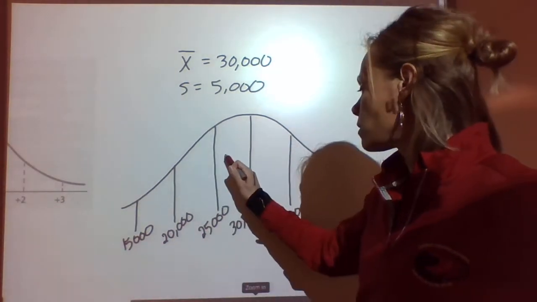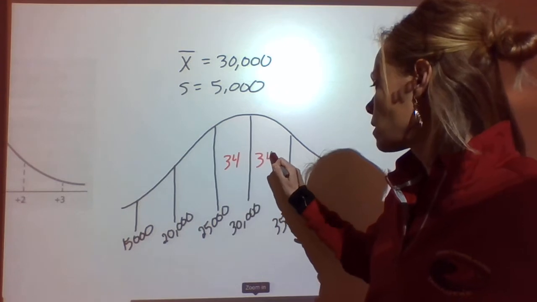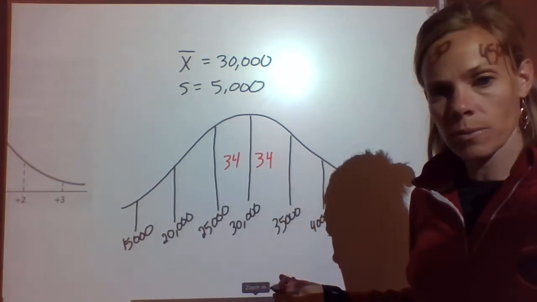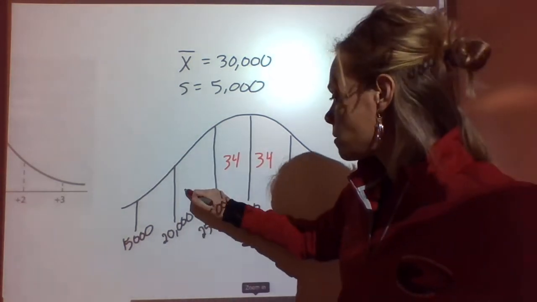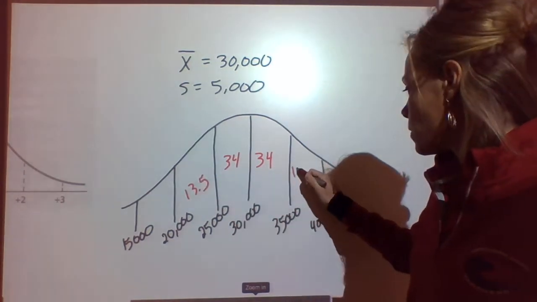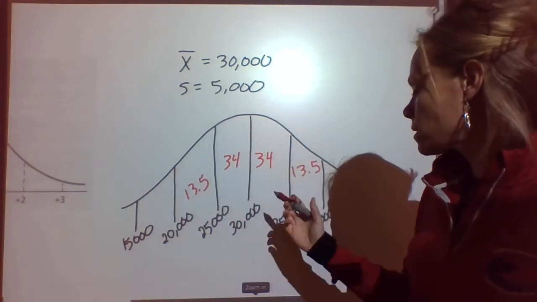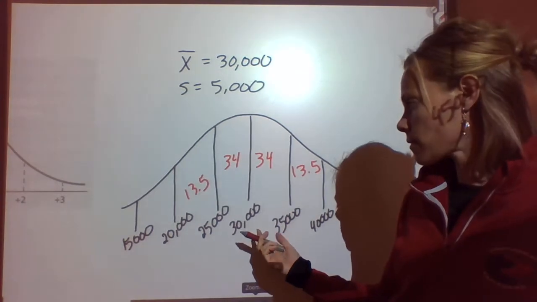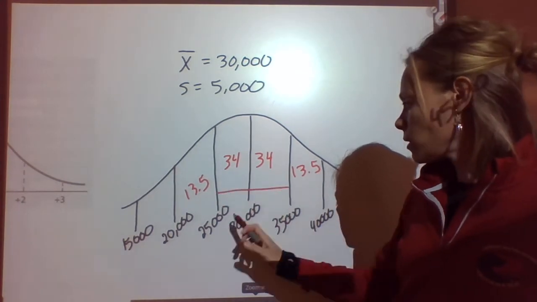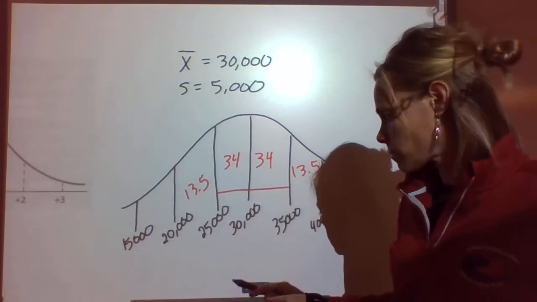We don't want to be doing this all the time. Mathematicians are lazy, and there's going to be an easier way that I'm going to show you today. But the other question is, okay, we know that 68% of tires fall between 25 and 35,000 miles.